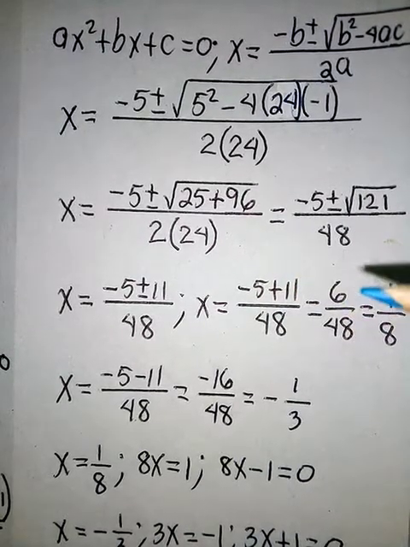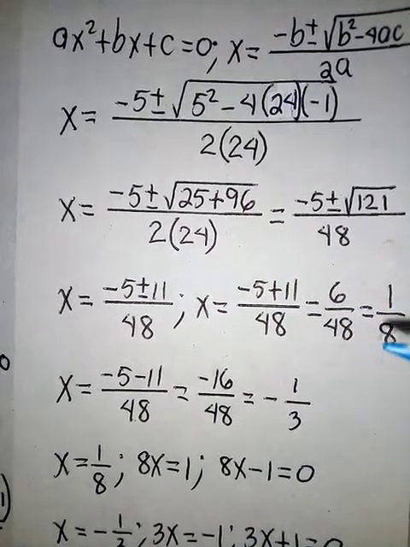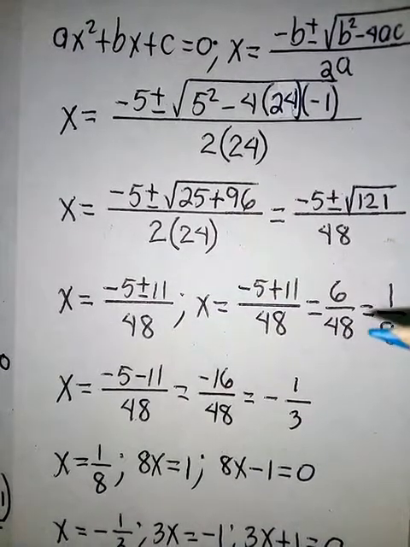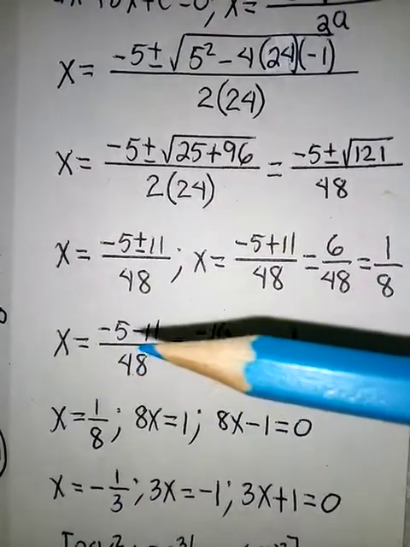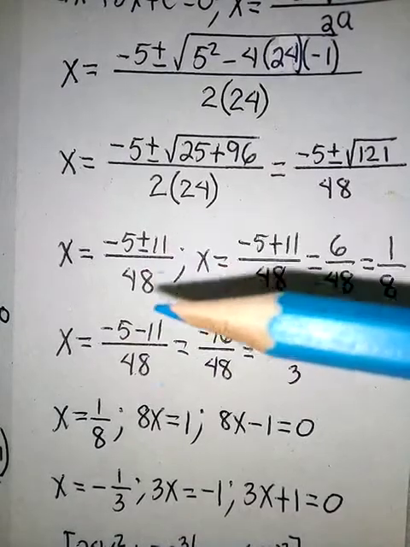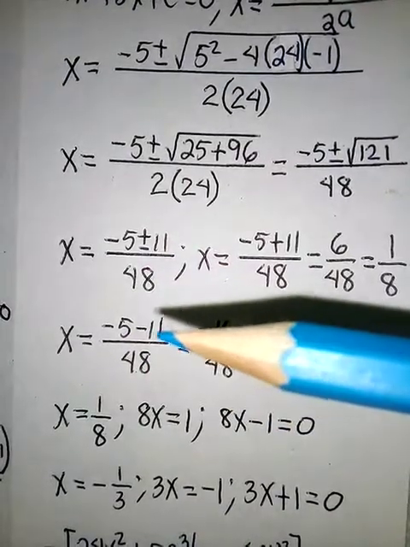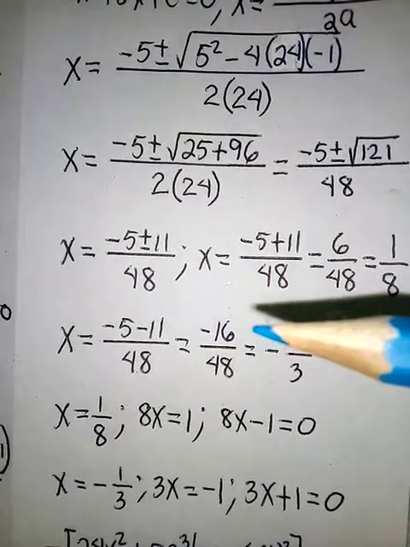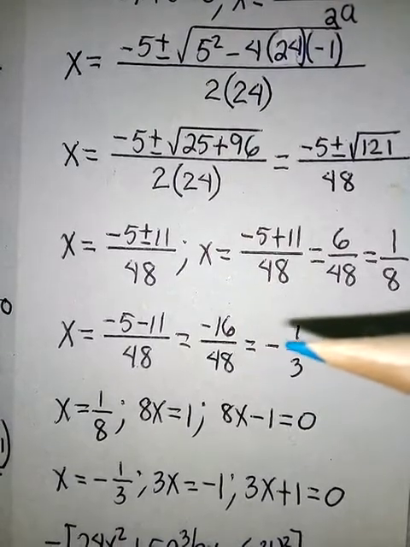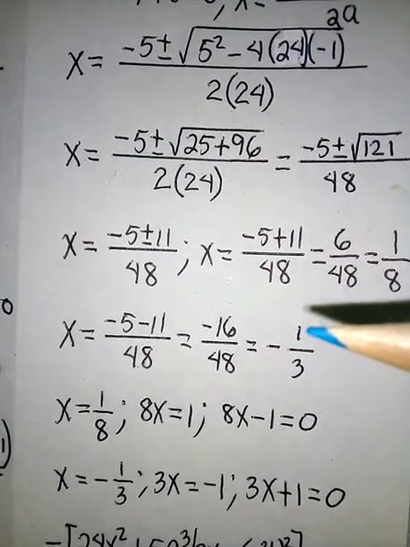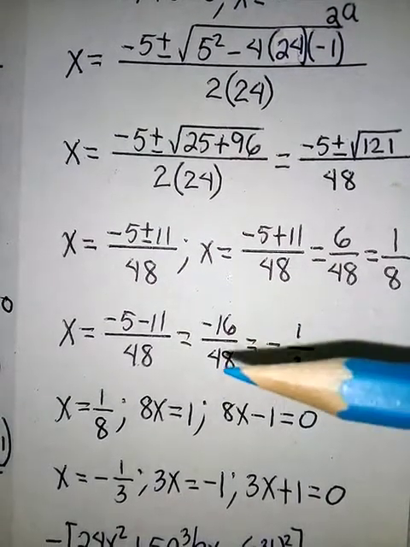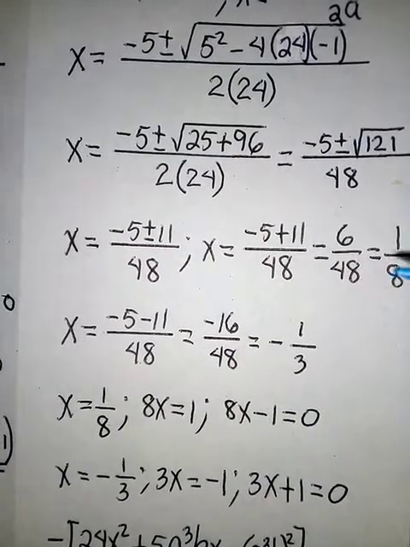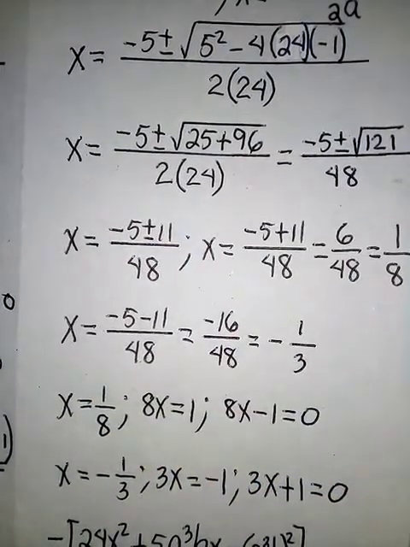And then we have x is equal to negative 5 minus 11 over 48. So negative 5 minus 11 is negative 16 all over 48, or x is equal to negative 1/3. So we have x is equal to 1/8. Cross multiplication, x times 8 is 8x is equal to 1.